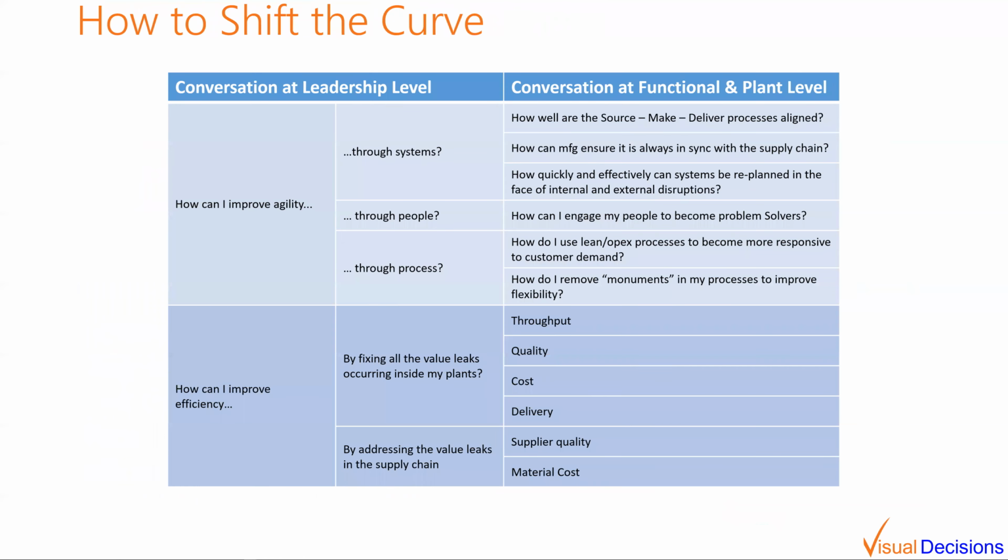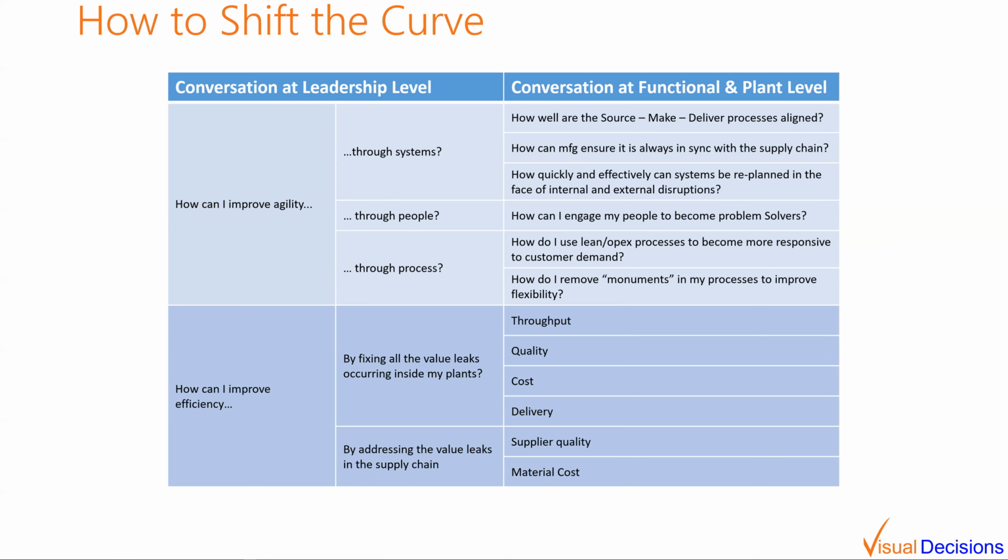So when we look at how to shift the curve and at some of the conversations happening within the business, how can we improve agility, whether through systems, through people, or through process change? There are conversations at the functional and the plant level that address those items.